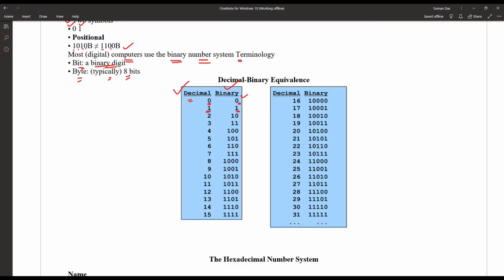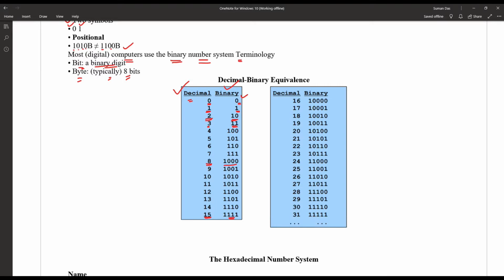But when in decimal it is 2, in binary it is 1 0. Same for 3, that is 1 1. Suppose 8 in the decimal number system, its binary equivalent is 1 0 0 0. Same for 15, the equivalent in binary is 1 1 1 1.